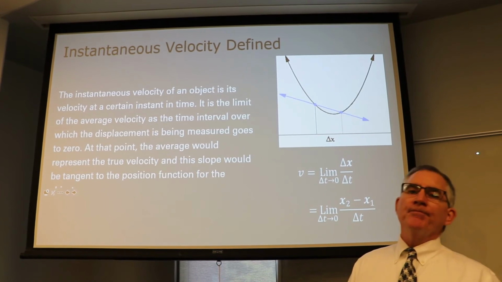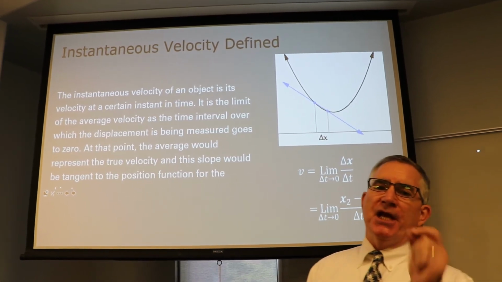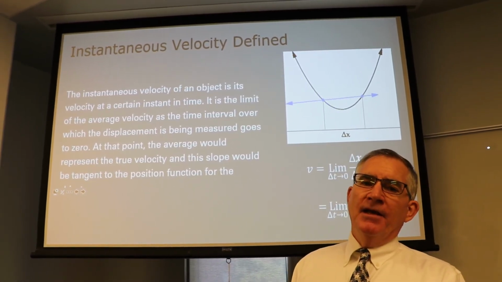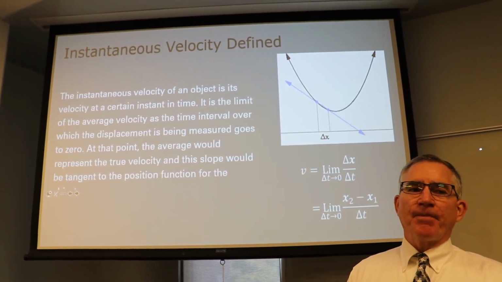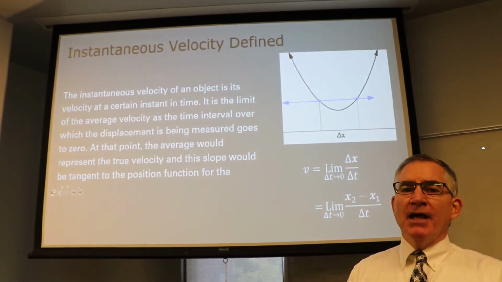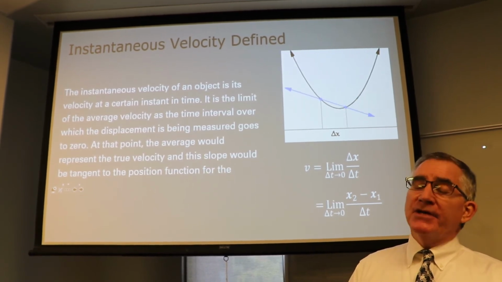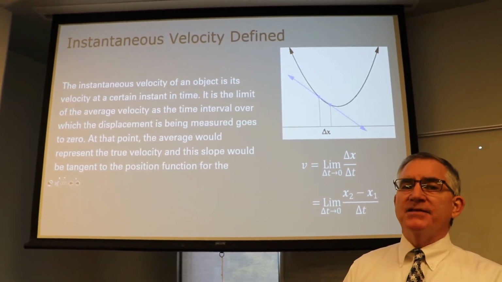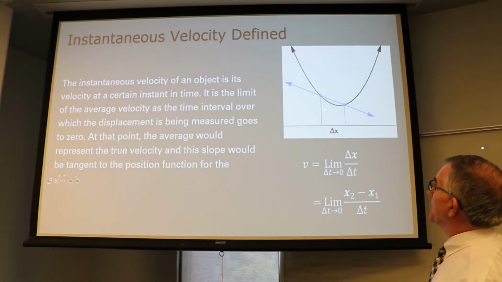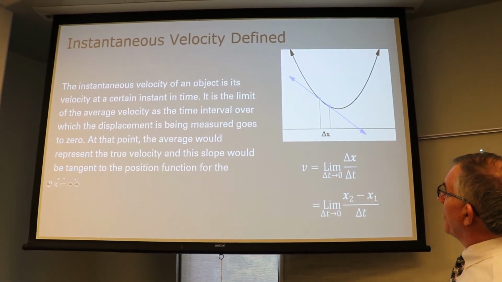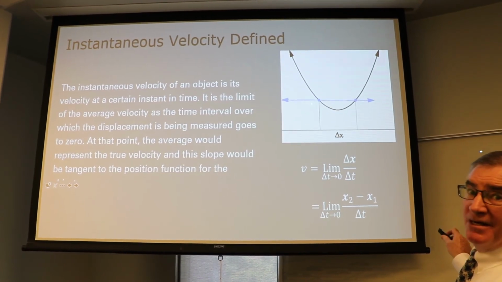Now, here's the problem. It's very hard to change delta t. But it's super easy to change delta x in most situations. But if you use a video camera, you can actually do that. You can take the delta t and make it smaller and smaller and smaller. And in this picture right here, you can see you pick that point. This is x1.